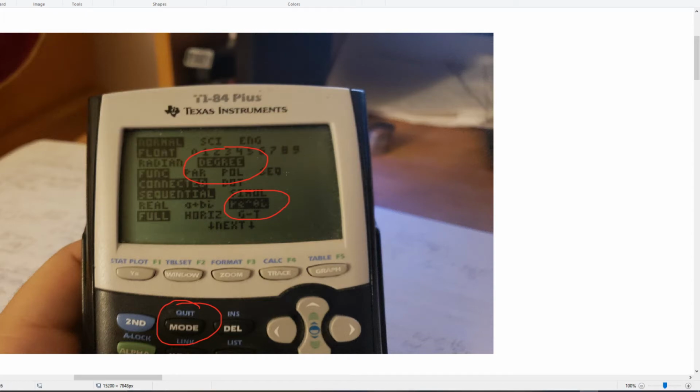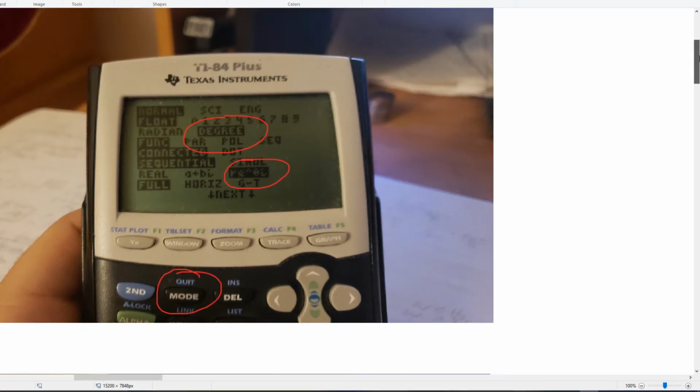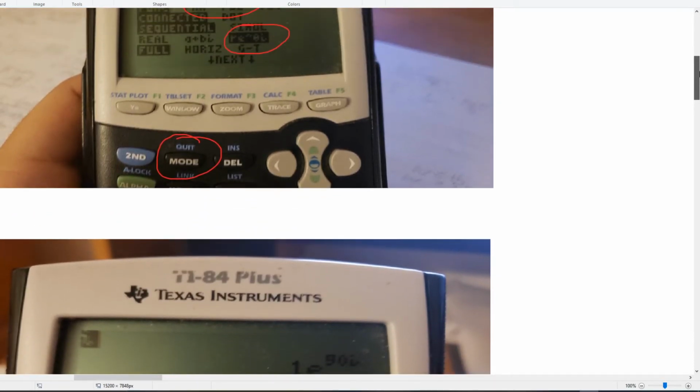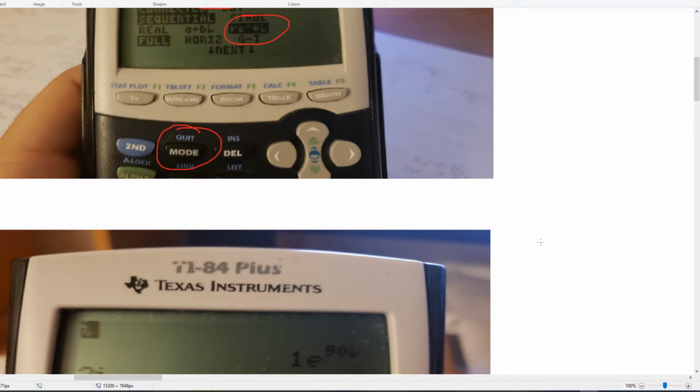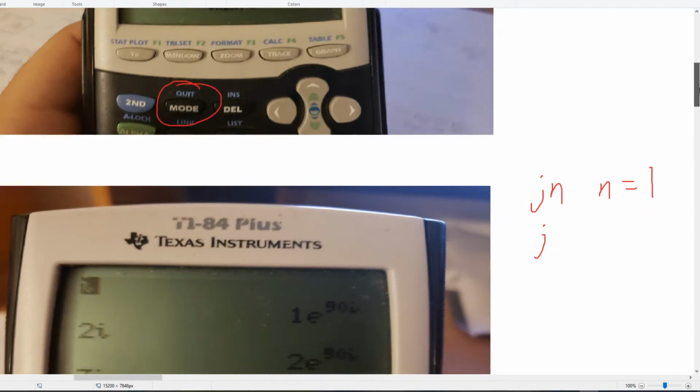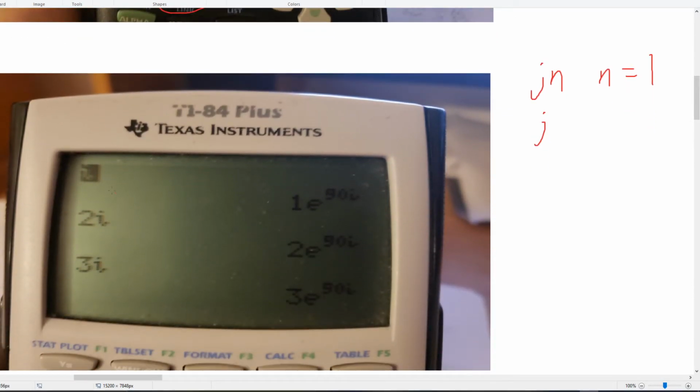Once you do that, we're going to plug in values for n. So we have jn, and we're going to plug in n equal to 1, which is also equal to j. In mathematics, we use i, but in electronics or anything electrical, we use j, so they're interchangeable.